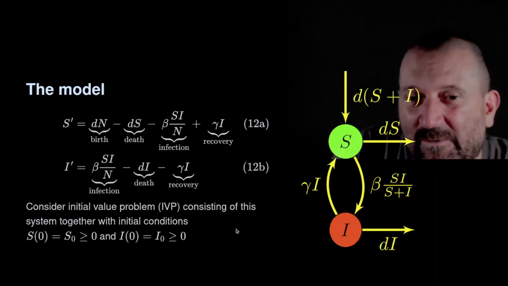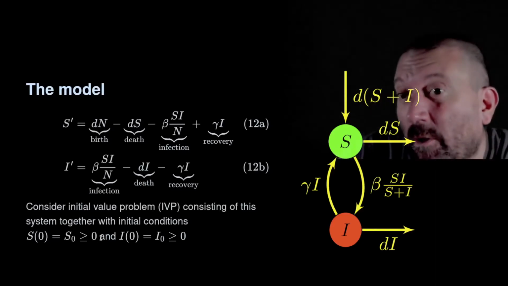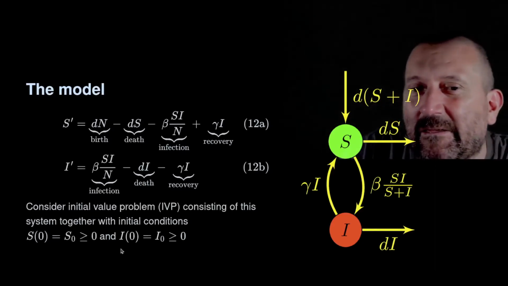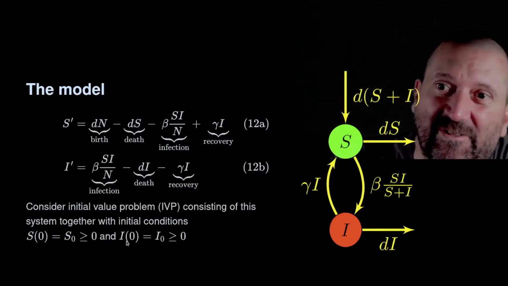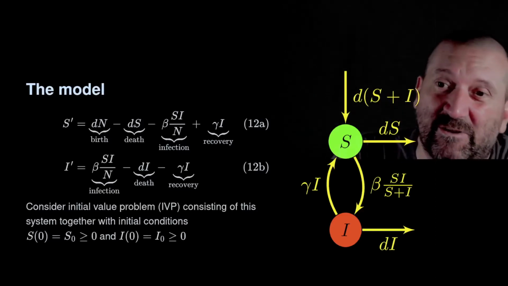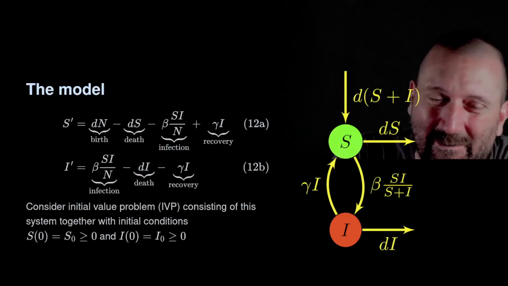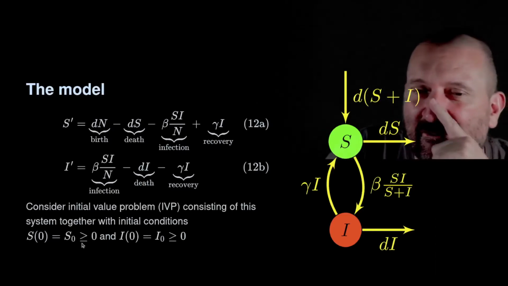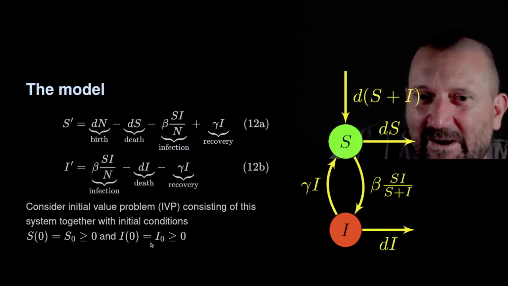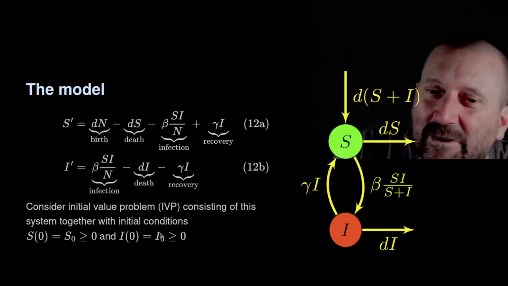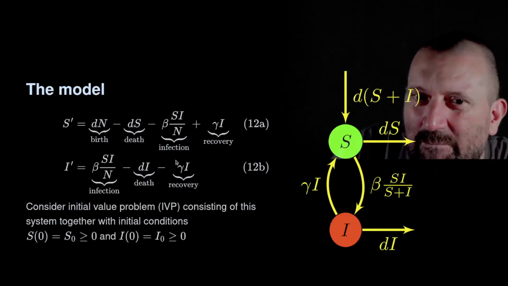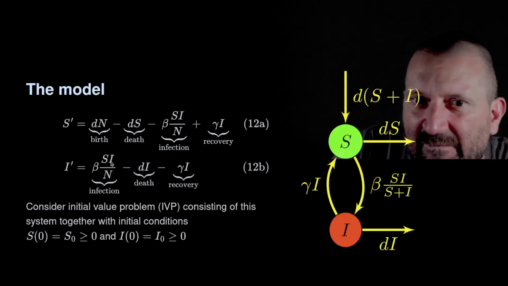So, of course, we consider initial conditions that are non-negative. Typically, we are going to consider the sum of the two must be at least positive, because otherwise we have something completely silly. And I should point out even further that I should probably consider I of 0 to be positive as well, because if I don't, you can see that if I substitute I equals 0 in this equation here, I prime is then equal to 0.